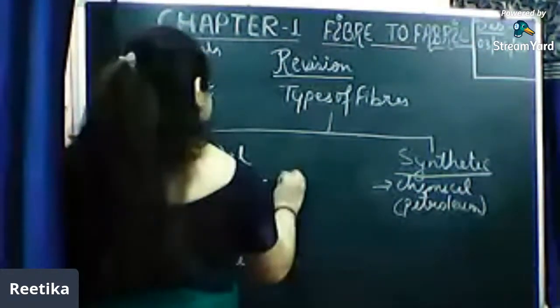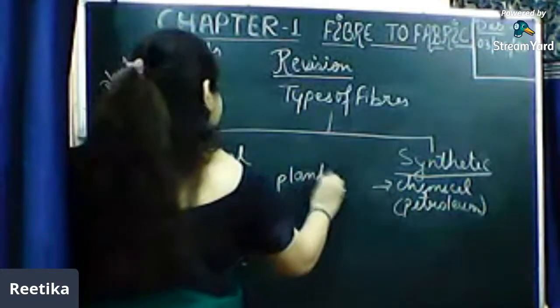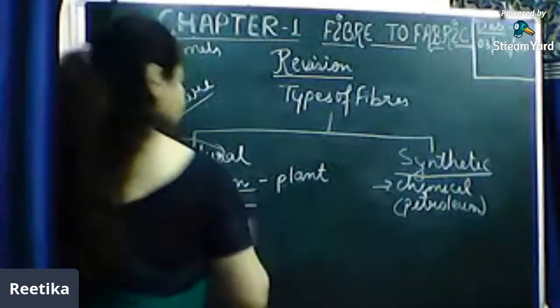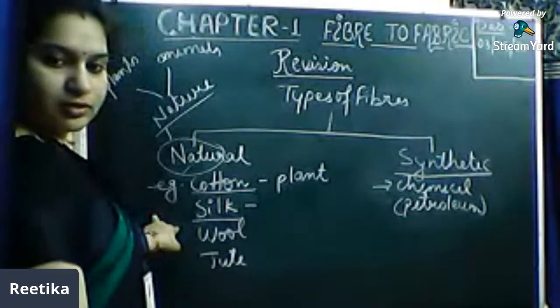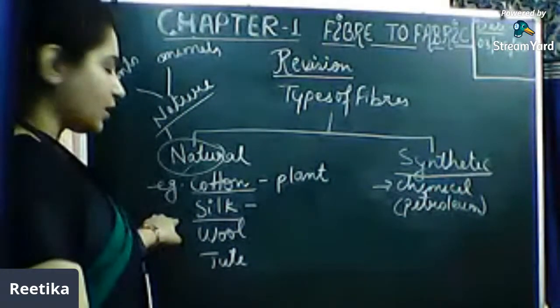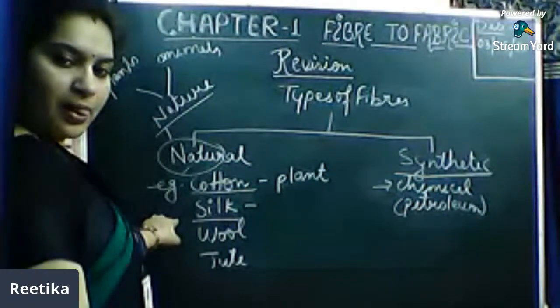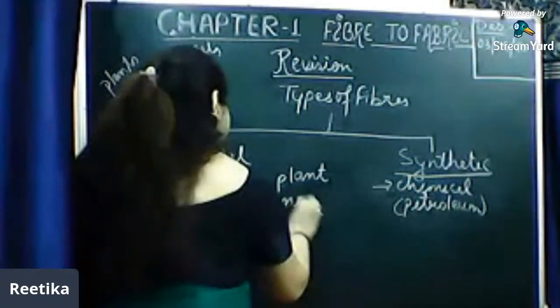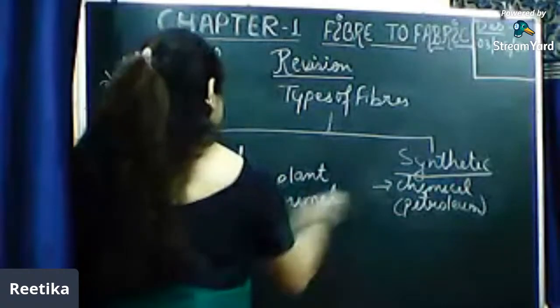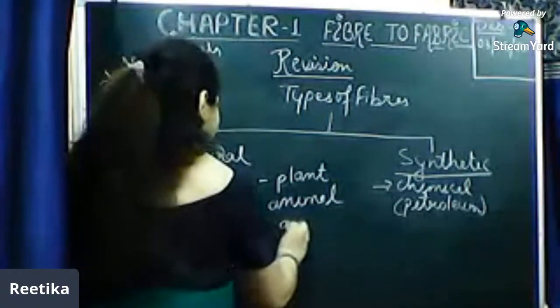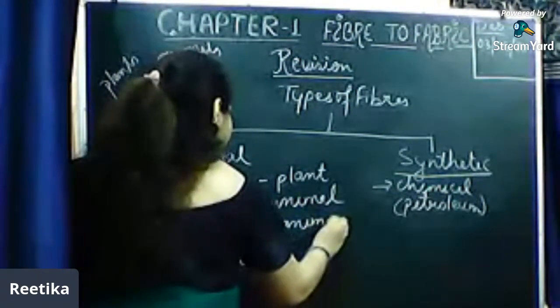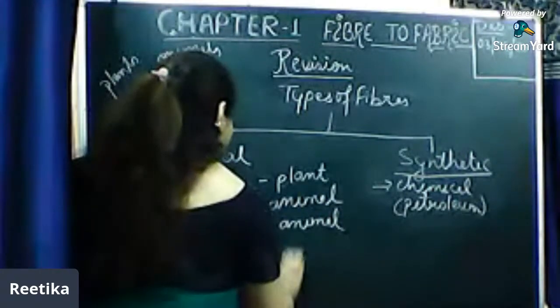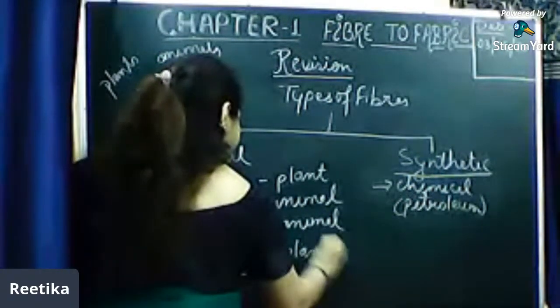Cotton is a plant fiber. Silk is an animal fiber. Wool is again an animal fiber and jute is a plant fiber.